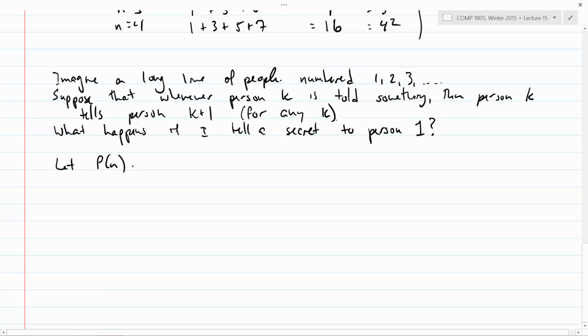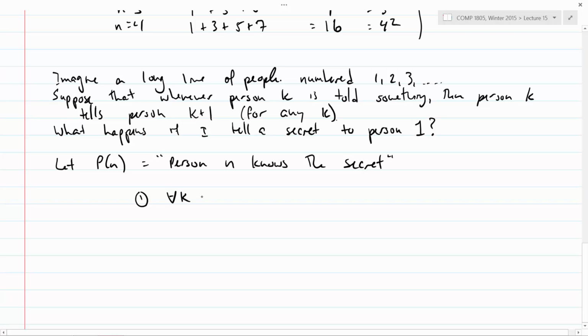Let Pn denote the proposition person n knows the secret. Well, we're trying to prove something, and a proof is really just an argument. So really, what we have is a premise, and that is that whenever person k is told something, they tell person k plus 1.